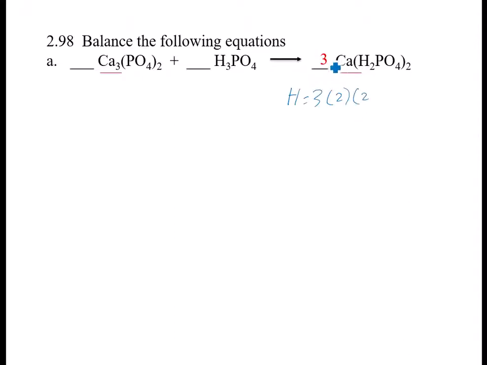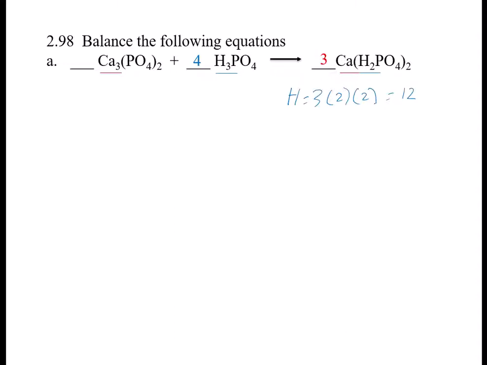It's 3 times the outside of the parentheses, because everything inside the parentheses is multiplied by 2, times the fact that inside is 2. So I have 12 hydrogens here. What coefficient can I put in front of this to get 12? And the answer is 4.